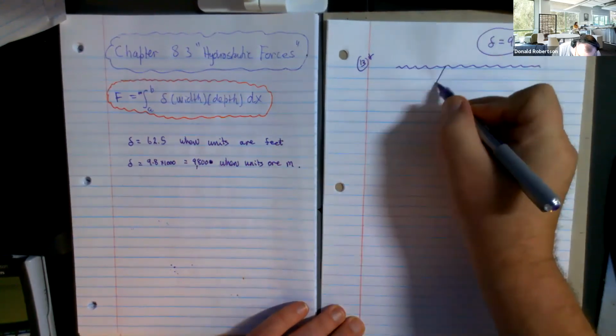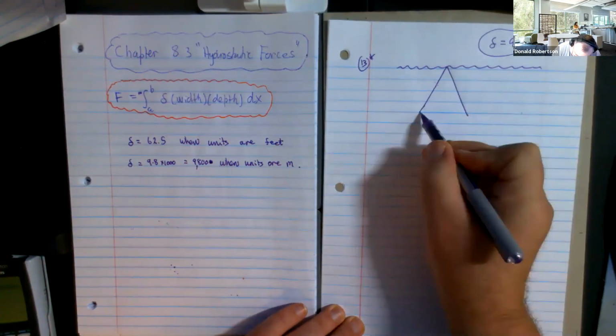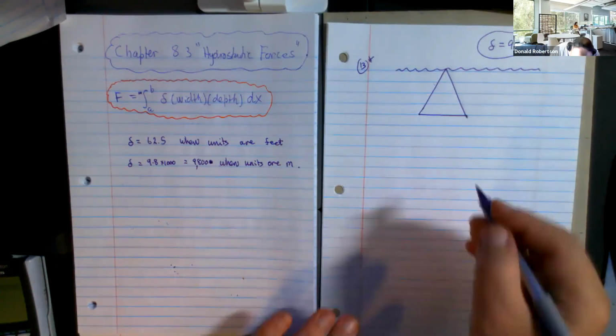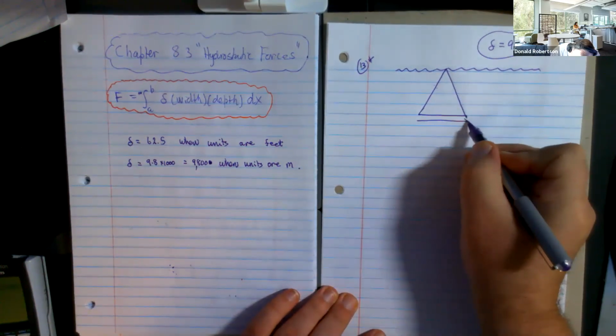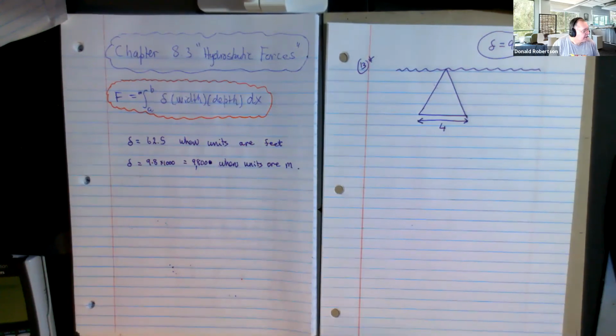It's on the surface. That's going to be interesting. And what do we know about this triangle? Its base is 4. And its height is 5.